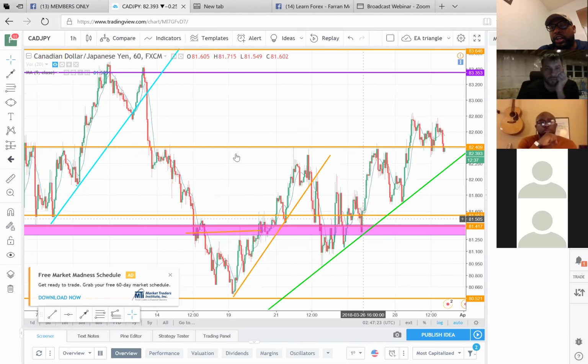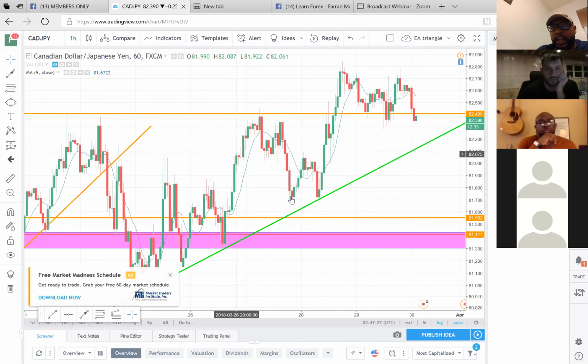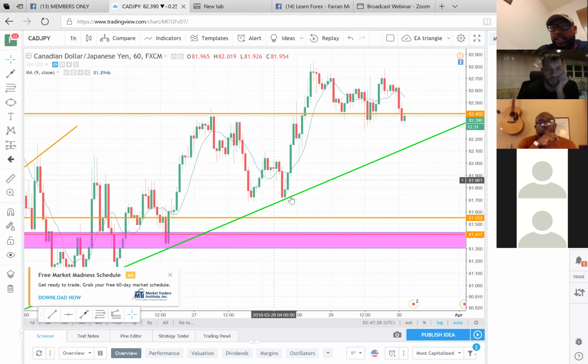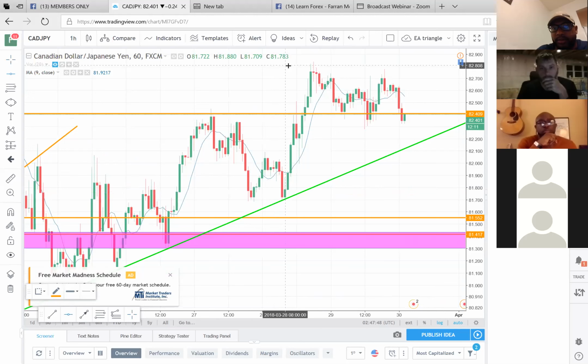So here, yesterday, we had this movement from like 81.6 to about 82.8. So we understand that's an anomaly. That typically doesn't happen. But even yesterday, we had a hiccup.